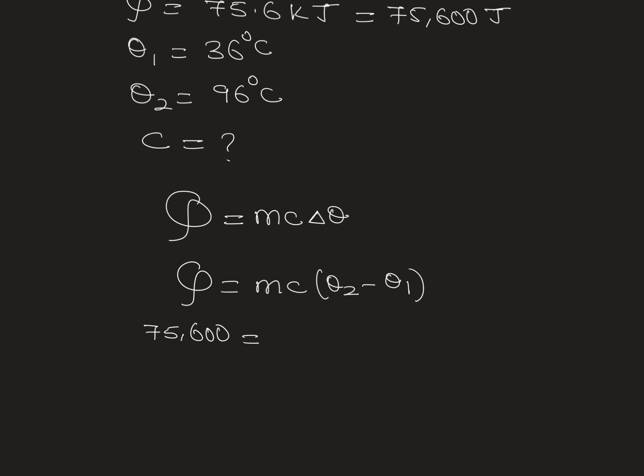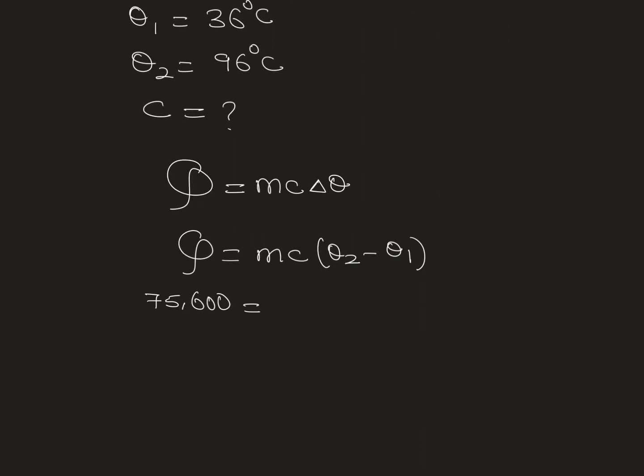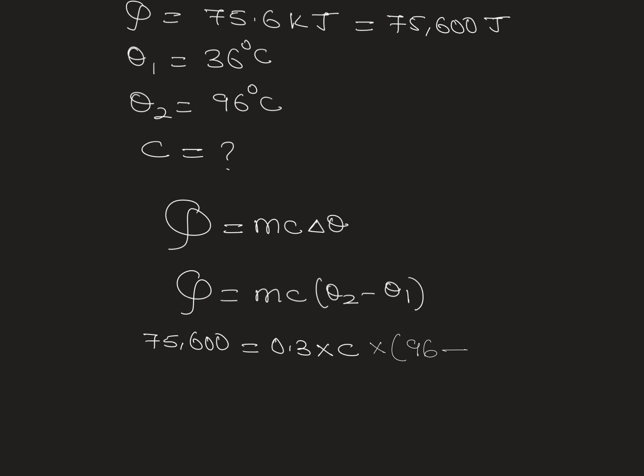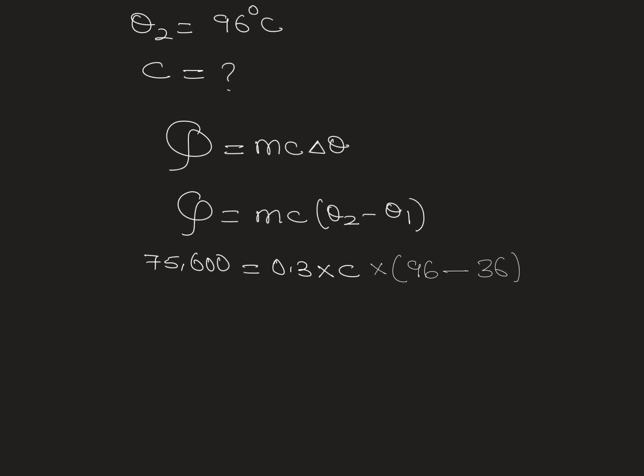This is equal to the mass, which is 0.3 kilograms, multiplied by the specific heat capacity of water, C, multiplied by theta 2, which is 96 degrees, minus theta 1, which is 36 degrees.